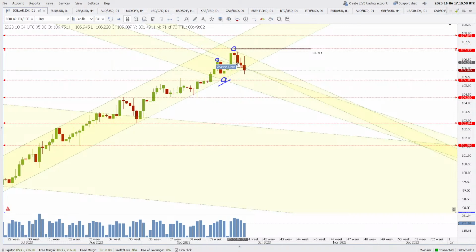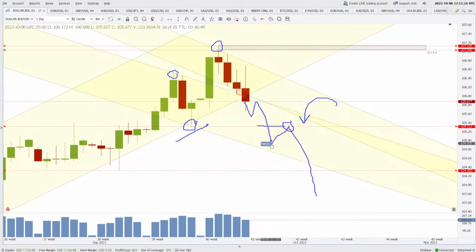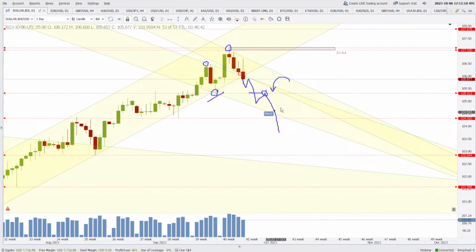So the idea is that we let the market go like this, and eventually when it breaks this area, then we become alert. We look for a selling opportunity. Nevertheless, guys, the 107.03 to 107.12 area is an area of good interest.